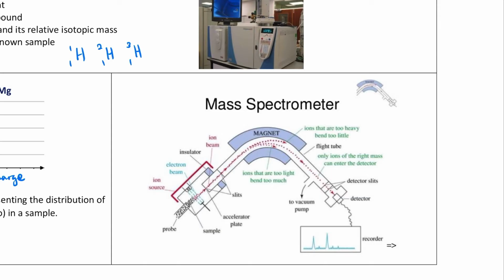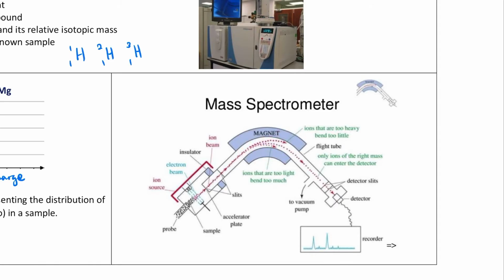Okay, berapa banyak ion tu bend depend on the mass. Okay, so kalau ion tu mass to charge ratio tu lah, if the ion are too heavy, okay, kalau ion tu terlalu berat, kamu boleh bayangkan kalau benda berat, kamu nak deflectedkan dia, kamu nak bendkan dia, dia susah nak bend. Okay, sebab dia terlalu berat.